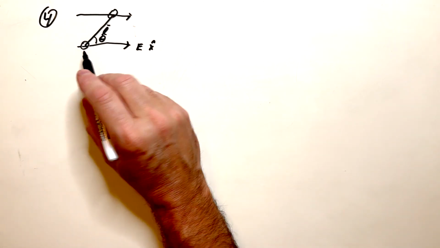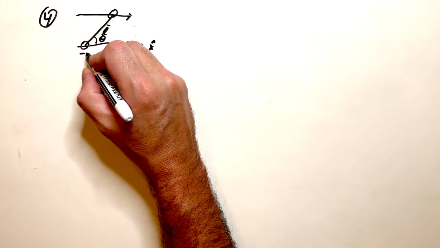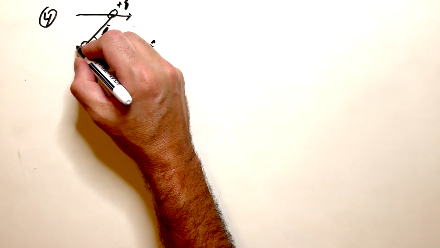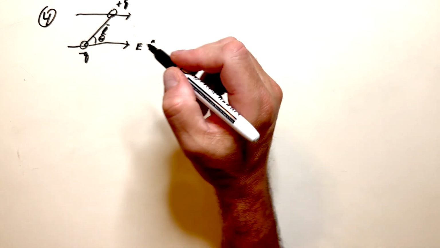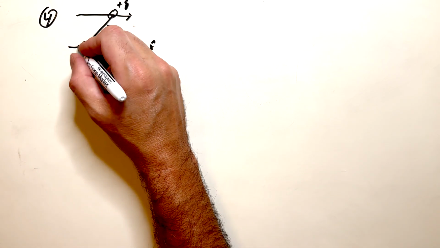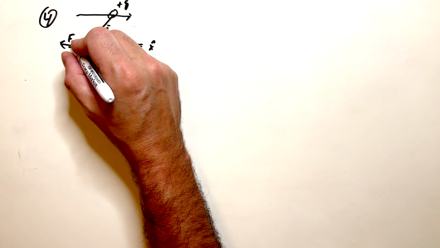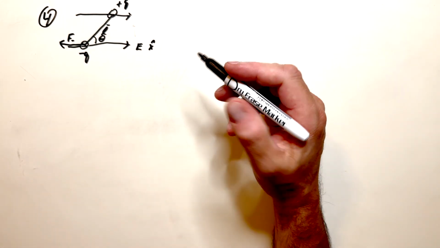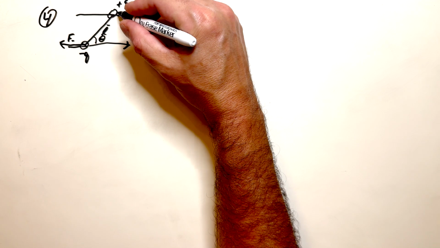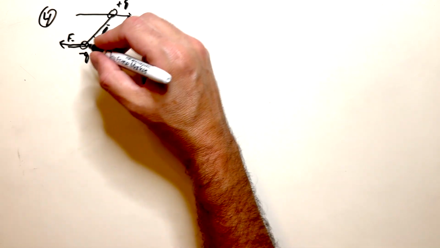So what's going to happen back here, if this is, say, the minus charge and this is the plus charge, well, back here, because it's a minus charge, there's going to be a force, we'll call it F sub minus, a force in the minus x direction. But up here on the positive charge, actually it's the other way around, isn't it?